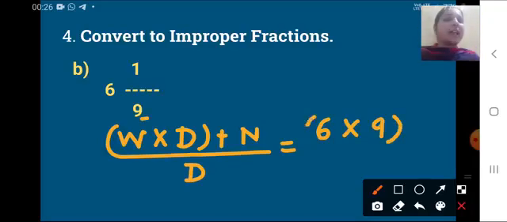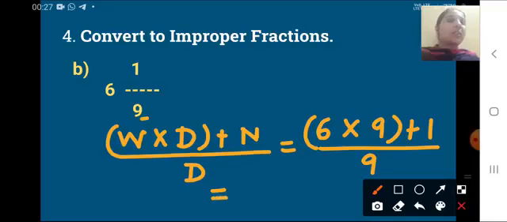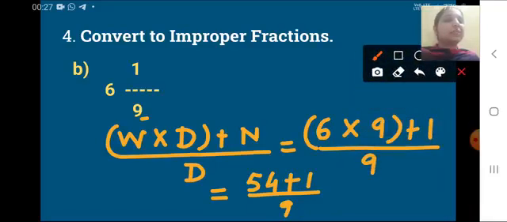And then we will add numerator, which is 1, to it. And down we will write the denominator. So first we will multiply, 6 9s are 54, plus 1 upon 9. So what will we get? 54 plus 1, 55 upon 9. So that is the answer, 55 upon 9.